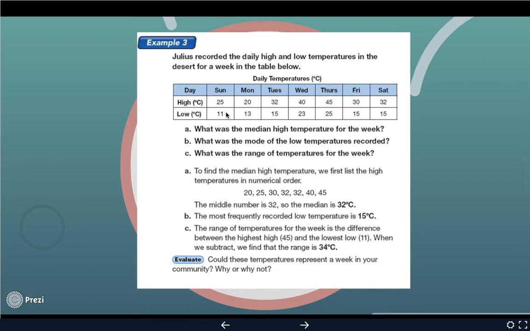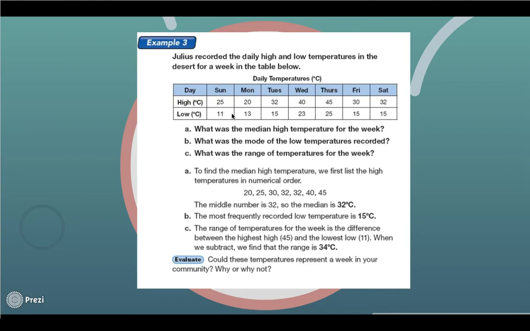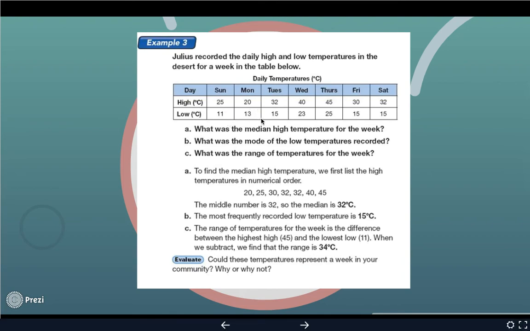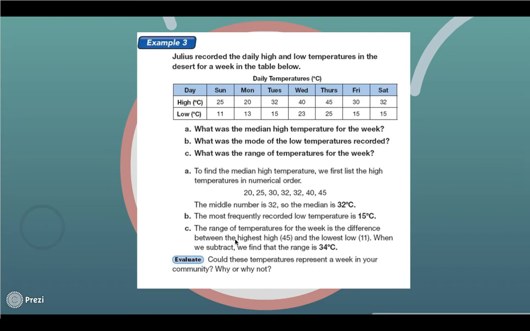Okay, for the lows, we're going to find the mode. The mode, remember, is the one that appears the most. So look at these temperatures on the low side of the chart and find the one that appears the most. We find that 1, 2, 3, it looks like 15 degrees centigrade is the mode. And then we need to find the range of temperatures, which is the highest minus the lowest.